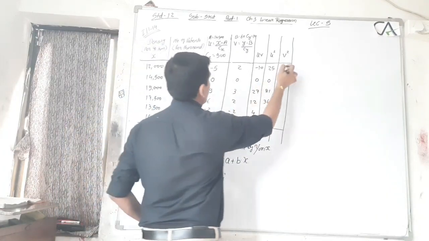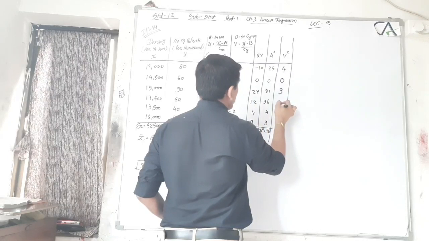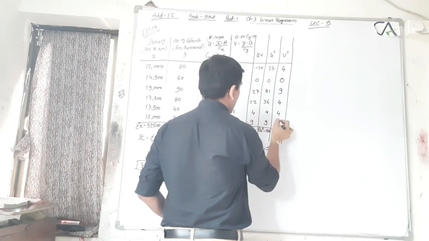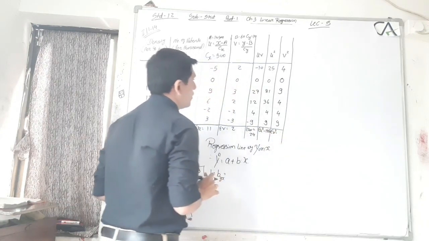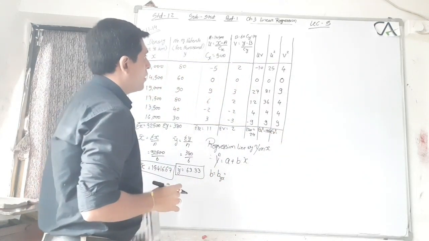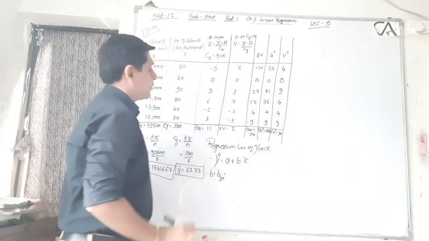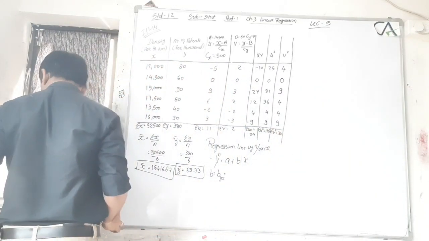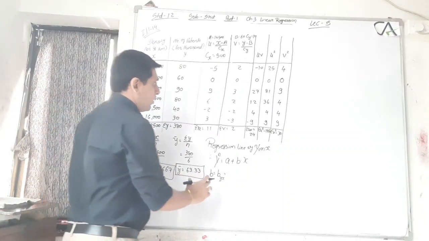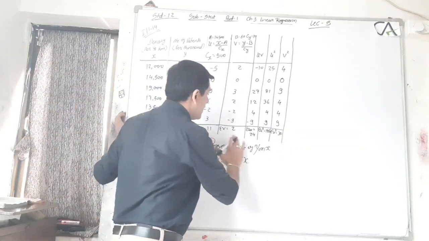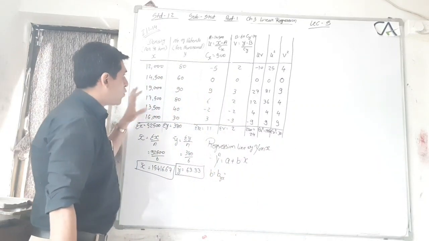Then v square: 4, 0, 9, 4, 4, and 9. Sigma v square is 30. Okay, fine. Now first of all complete this calculation, and we have to find the first question's answer.